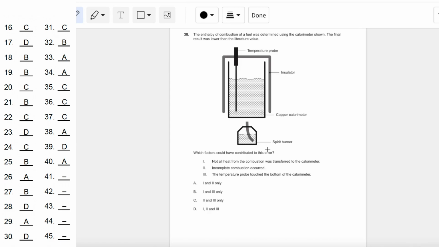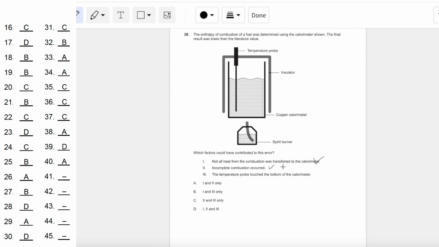So 1 is correct. What about B? Incomplete combustion occurs. You know, when you burn something, you will see a black surface at the bottom where it usually occurs. It means the combustion is incomplete. So B is also correct.